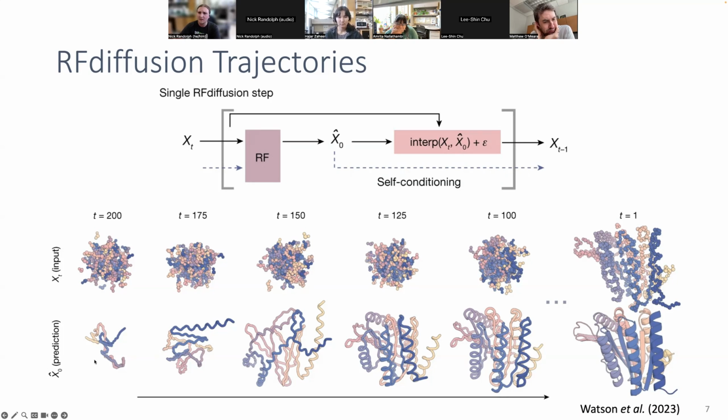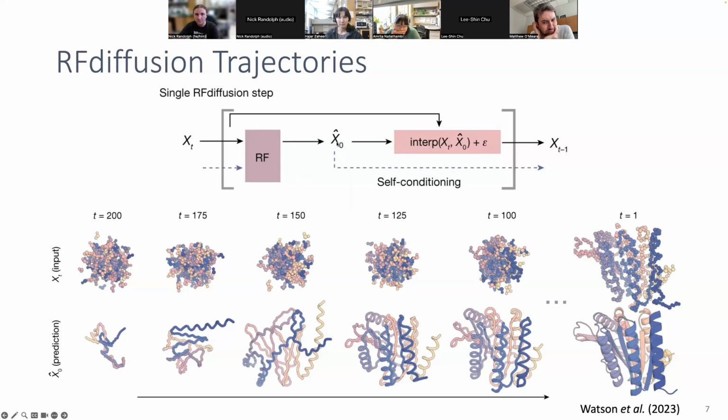But this is what the model thinks the ground truth looks like. And so what we actually do to give it to the next step is an interpolation between these. We interpolate between these two different structures. We get something that looks a little bit more like this predicted ground truth. And then this is what goes into the next step.